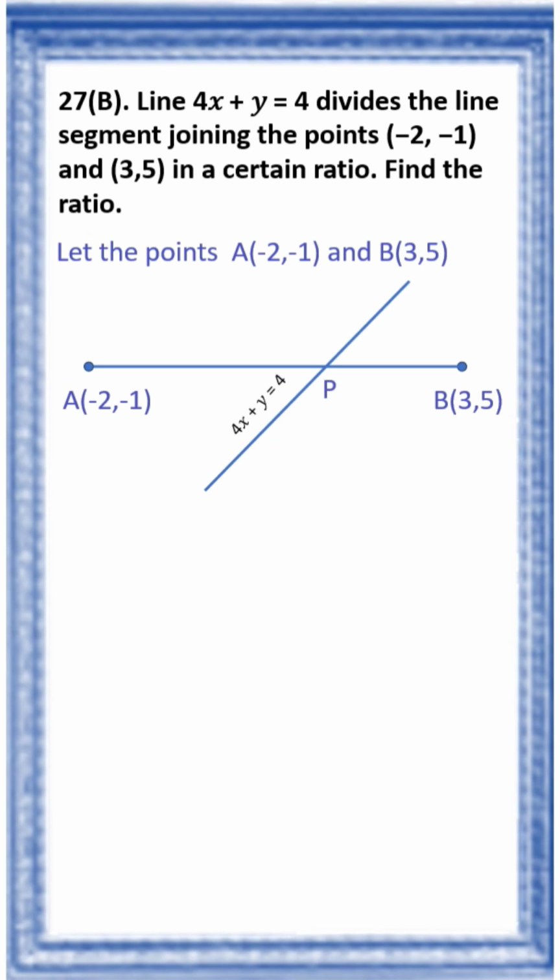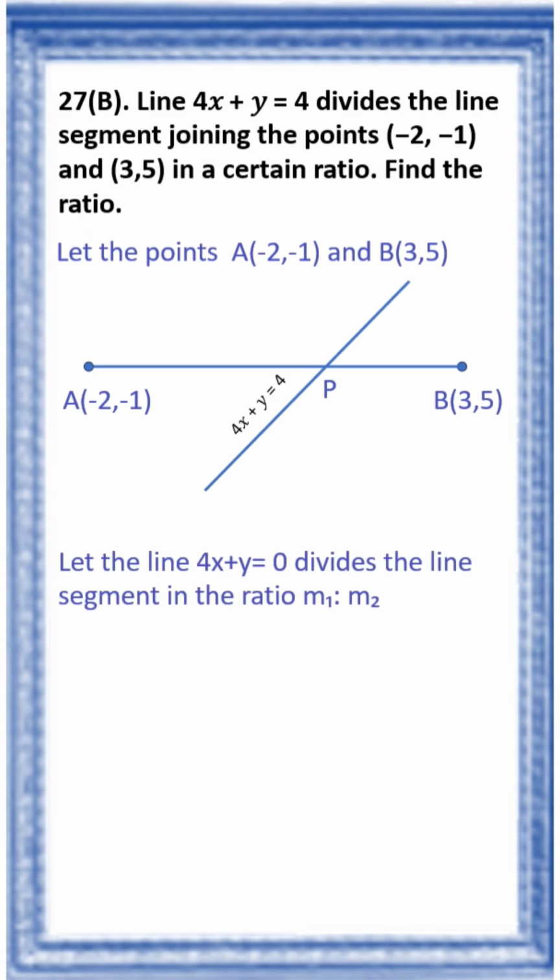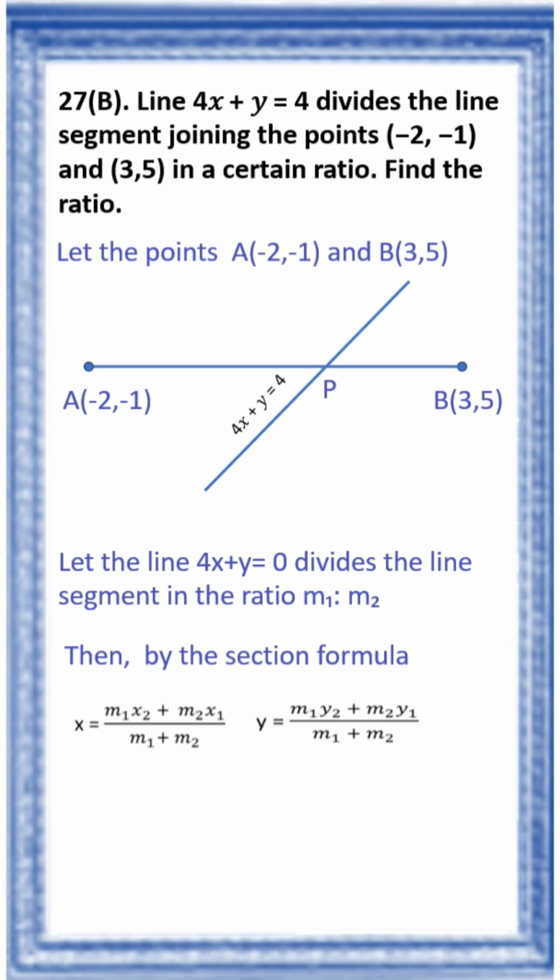Let it divide the line segment in the ratio m1 is to m2. Then by the section formula, x is equal to (m1 x2 plus m2 x1) upon (m1 plus m2) and y is equal to (m1 y2 plus m2 y1) upon (m1 plus m2).